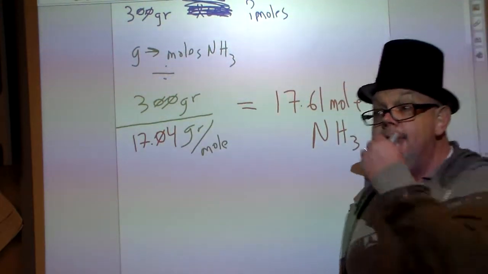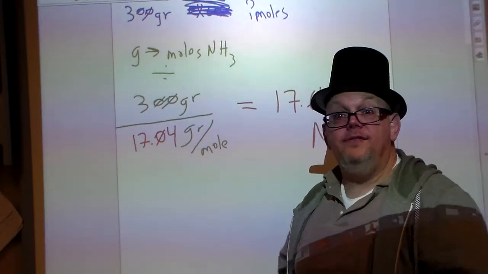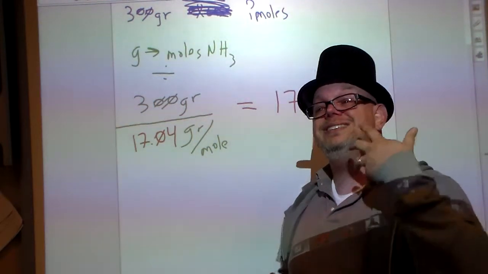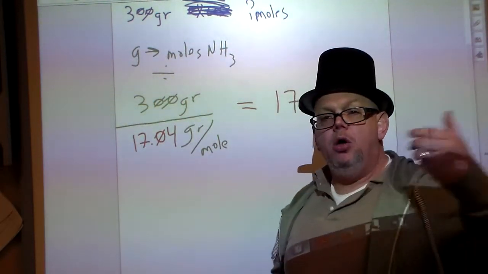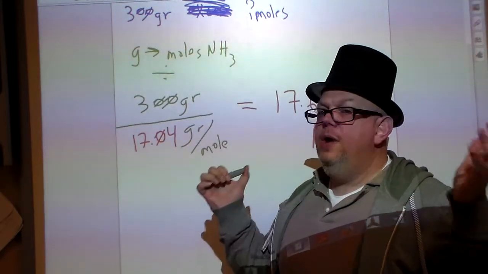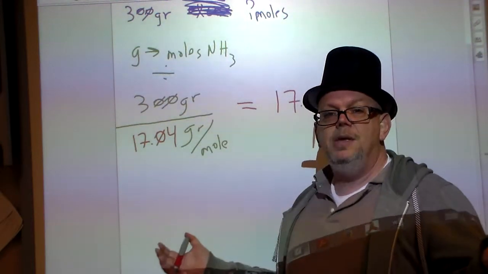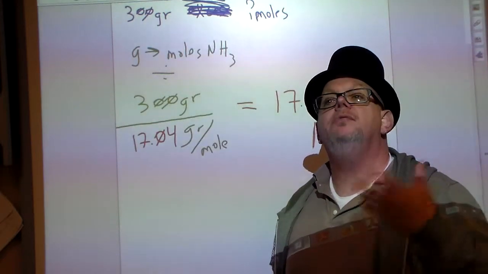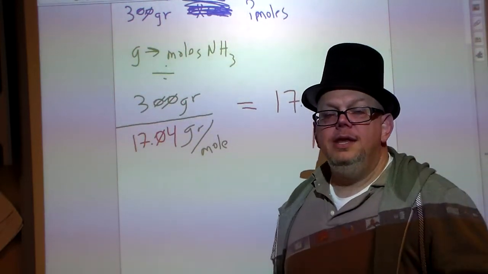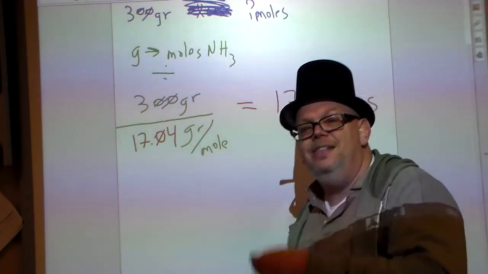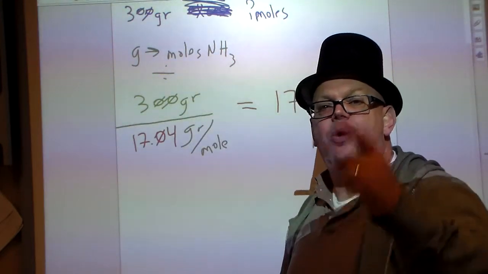Remember in class I made the analogy of tires. If I've got 5,000 kilograms of tire rubber, how many cars am I going to outfit? Well, wait a minute. How many tires am I going to make with 5,000 kilograms of tire rubber? Well, I need to know how many kilograms of tire rubber it needs to make one tire.